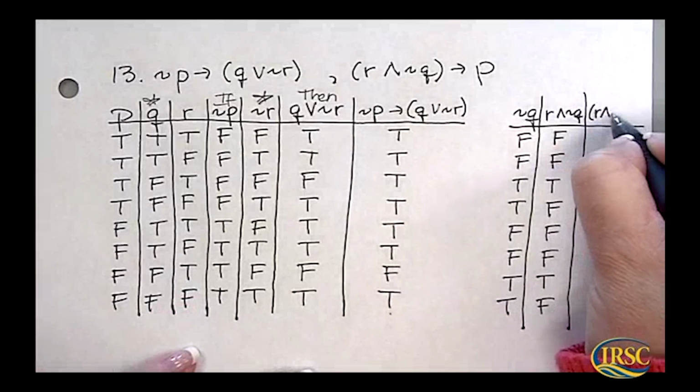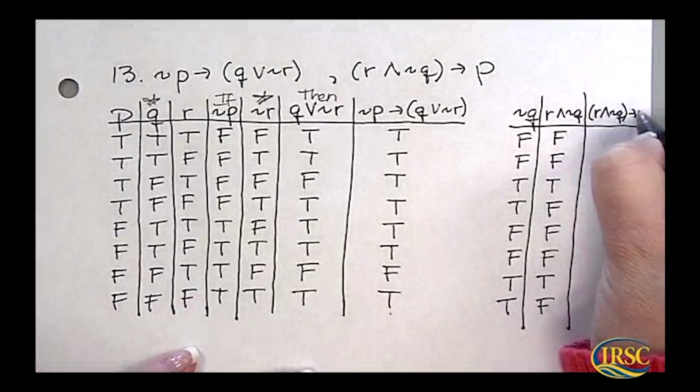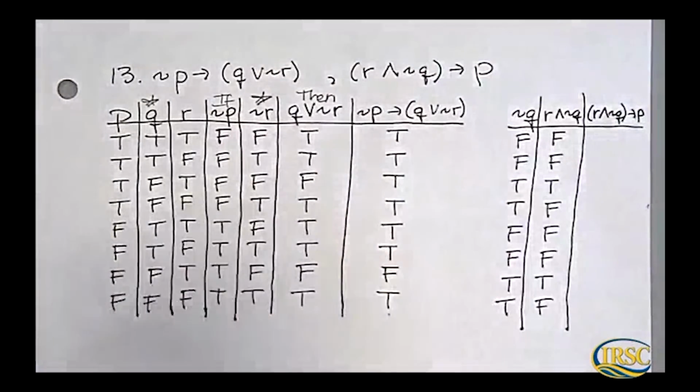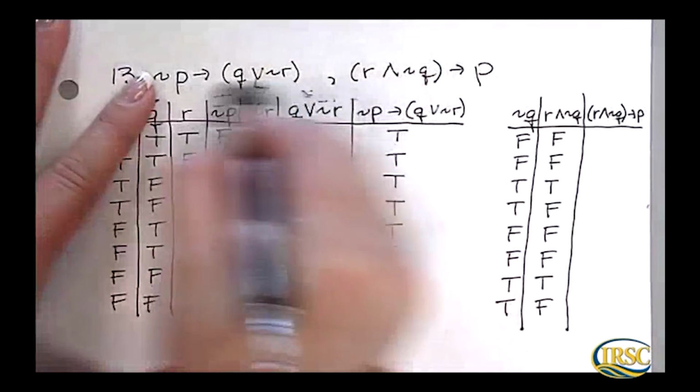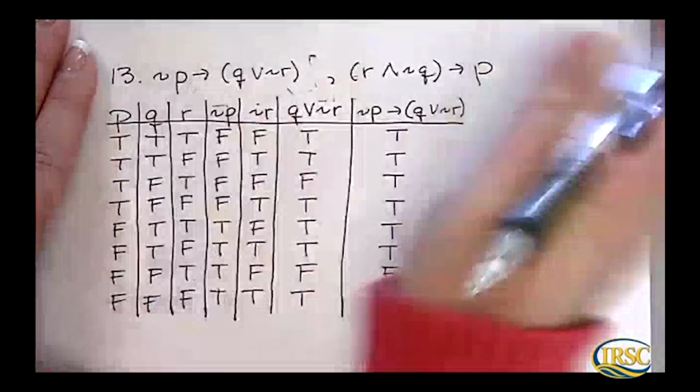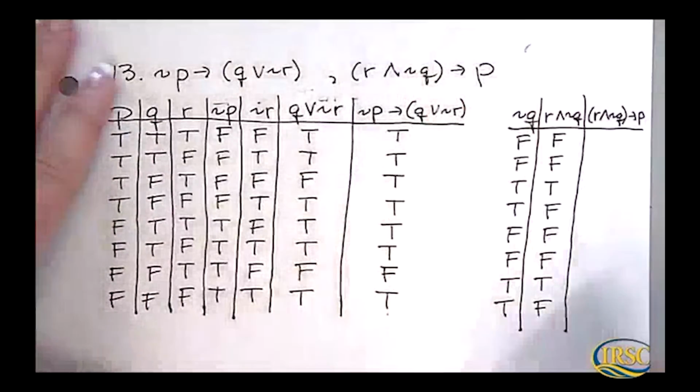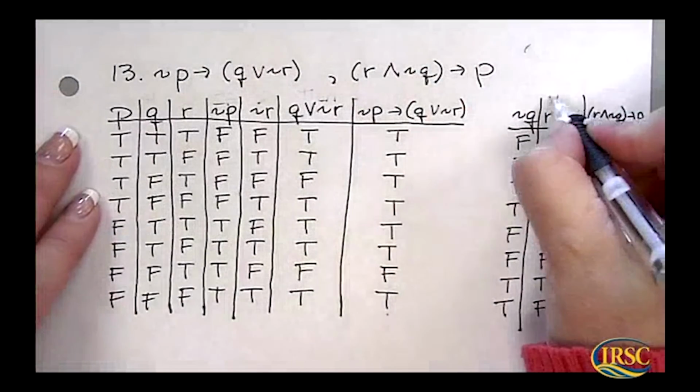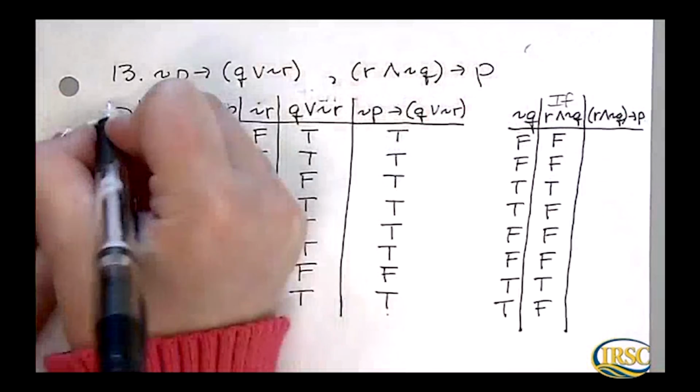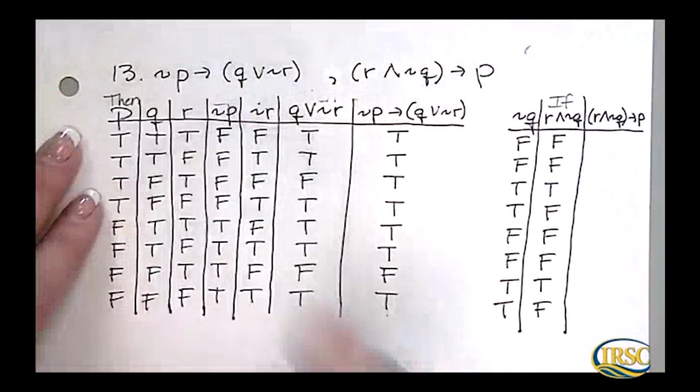And now I need my R and not Q, then P. Okay, so this time, this column here is my if, and the P is my then. So I'm going way back over here.